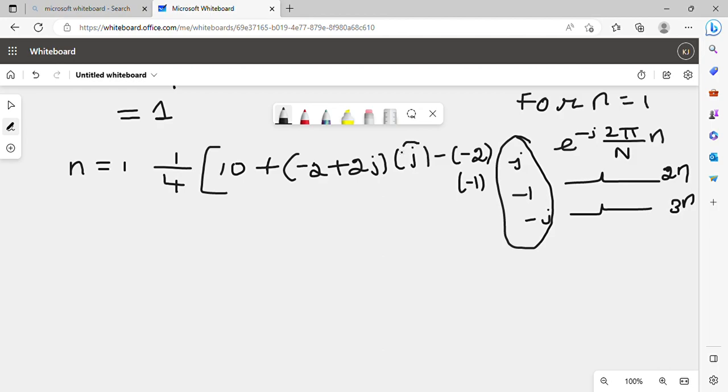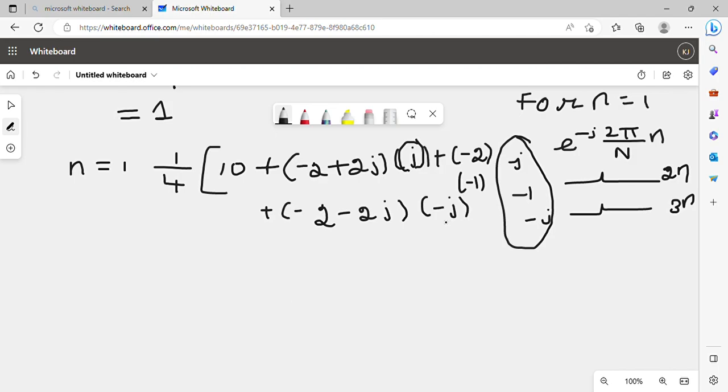These j, minus 1 and minus j were all present in my 4-point IDFT matrix, right? That is what you get over here. Don't try to substitute things in the calculator for this. Don't try to waste your time, right? Yes. That is minus 2j into minus j.